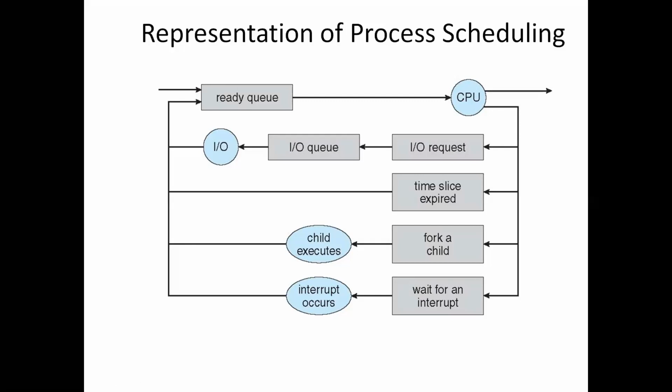With an interrupt, the process will be shifted from the CPU again to the ready queue. These process states can be changed because of the occurrence of some event. The process will change from one state to another state. Okay, understood this?